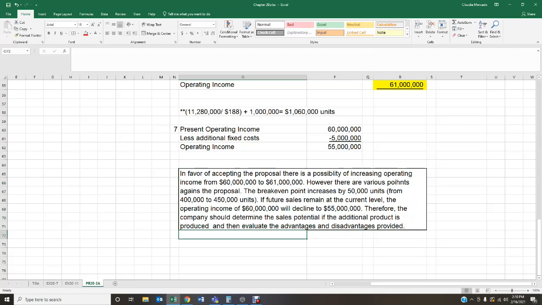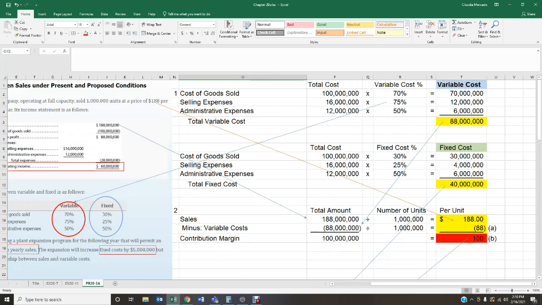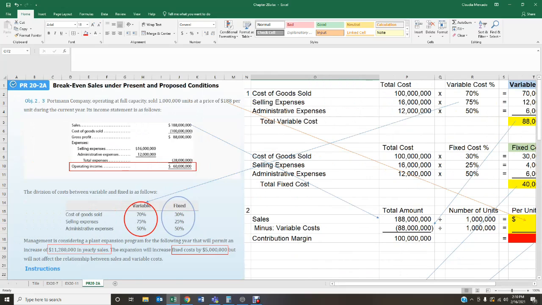Are we sure we can increase our sales? Because if we're not sure that we can increase our sales, then there's no point in expanding the plant. If we see that customers are constantly asking for more of our product, then maybe yes. But if we're not sure we can handle selling the extra units, then the expansion program would not be a good option for us.